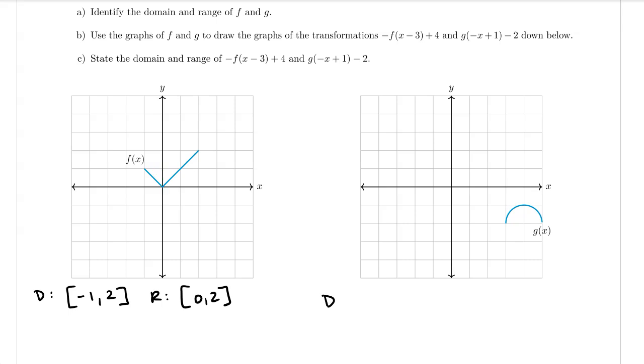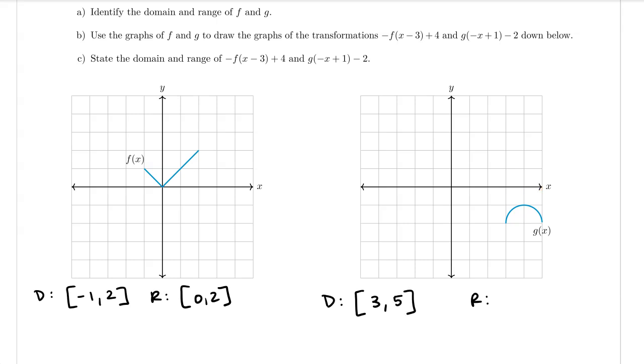Now let's work on the domain and range for the other graph. If we're looking at the x values, they are starting at +3 and then ending at +5 on our x-axis. So it's going to be bracket 3, comma 5, bracket.